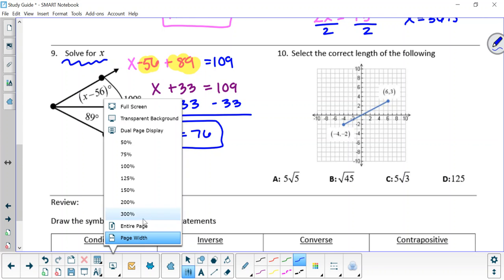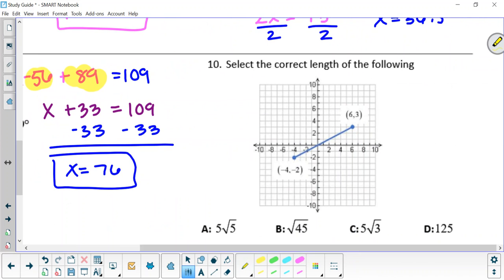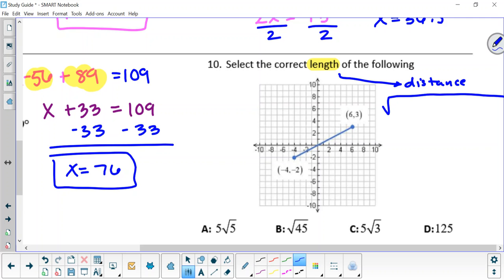Question 10, I'm going to zoom in on here. Question 10 is asking for the length. Length is just another name for distance. Remember, our distance formula is x1 minus x2 squared plus y1 minus y2 squared.